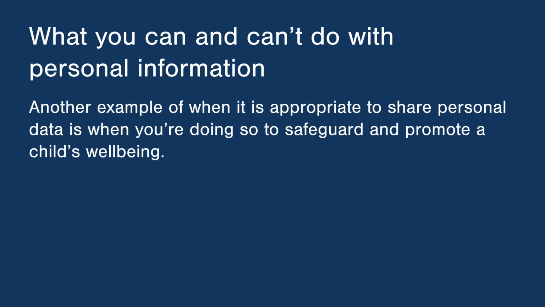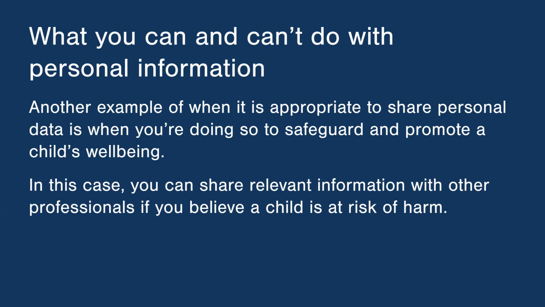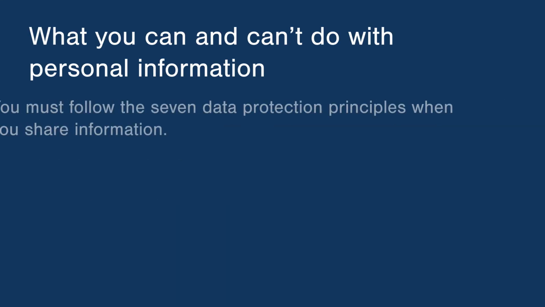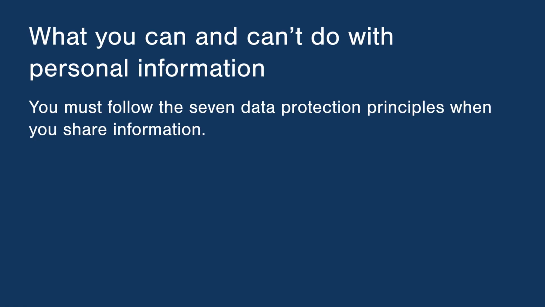Another example of when it is appropriate to share personal data is when you're doing so to safeguard and promote a child's well-being. In this case, you can share relevant information with other professionals if you believe a child is at risk of harm. You must follow the 7 data protection principles when you share information.